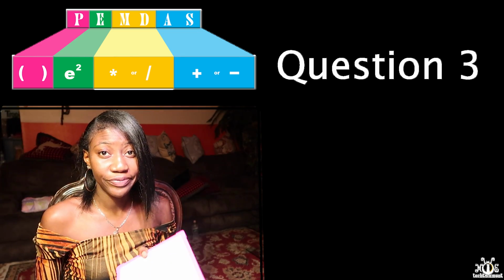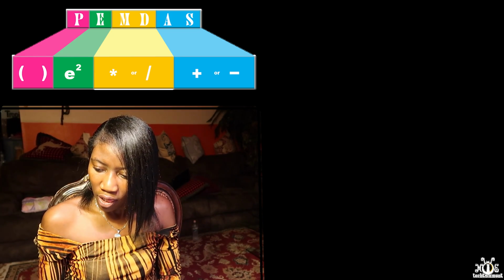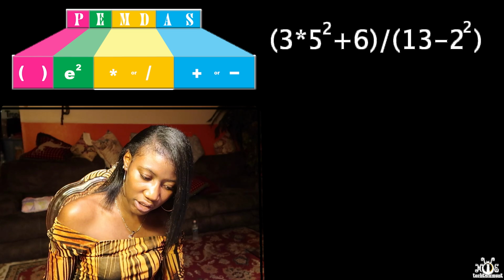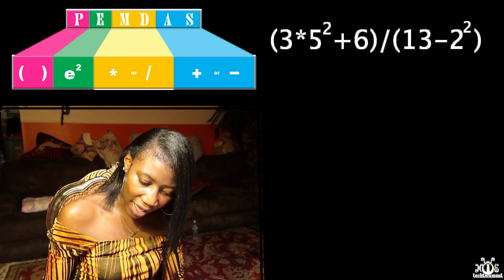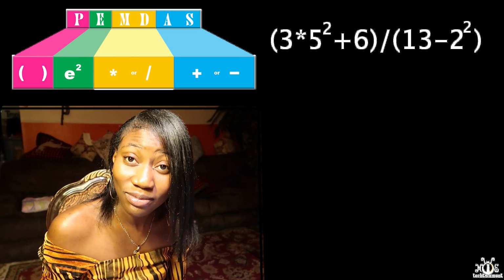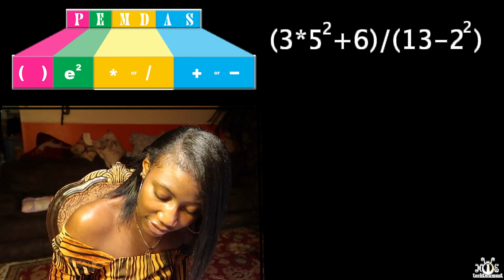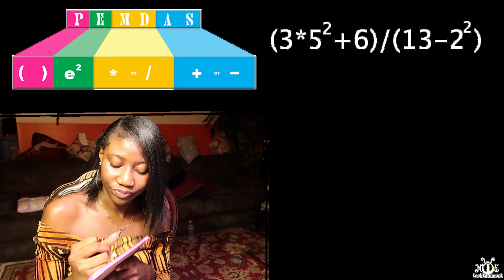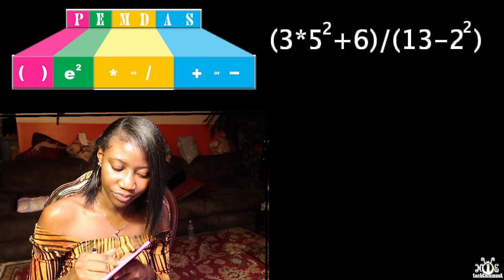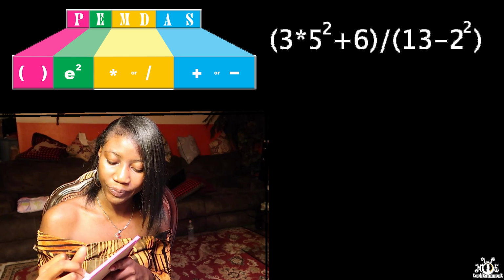So for this question here, we're going to do something a little longer that's a little more complex, right? So we're going to do parentheses 3 times 5 squared plus 6, close parentheses, divided by, so this is our separator here, parentheses 13 minus 2 squared.